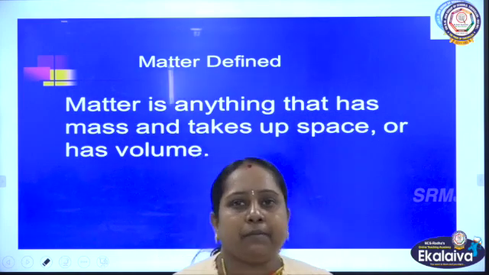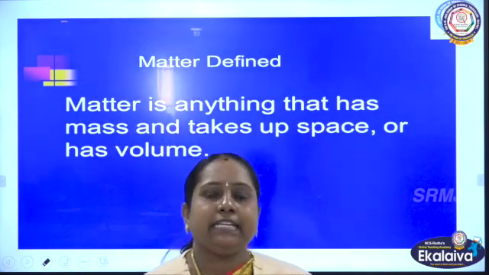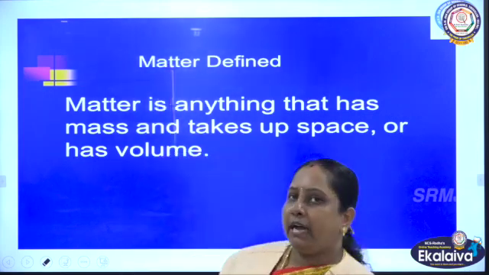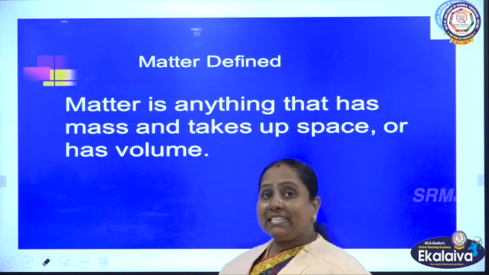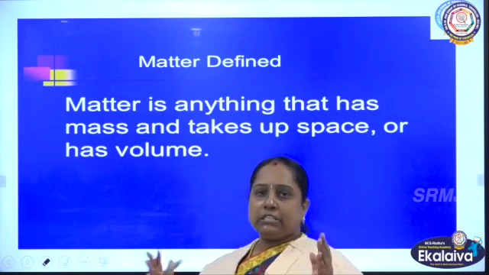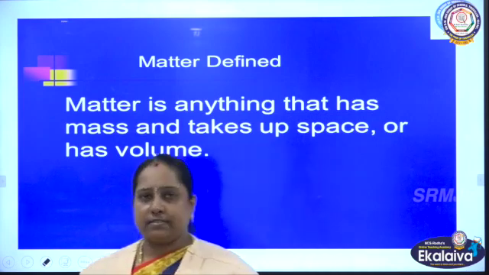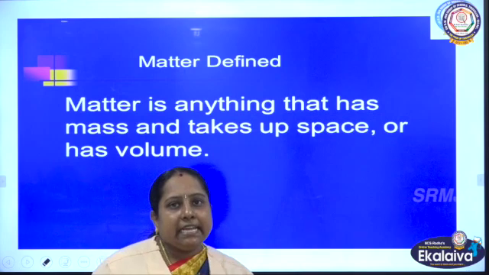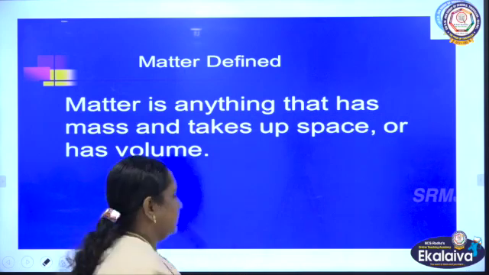And if I keep this remote on the table, it also occupies some space. Such things are called materials, and we can categorize matter into three different types: solids, liquids and gases. In that, we are going to deal in detail with the solid state materials.